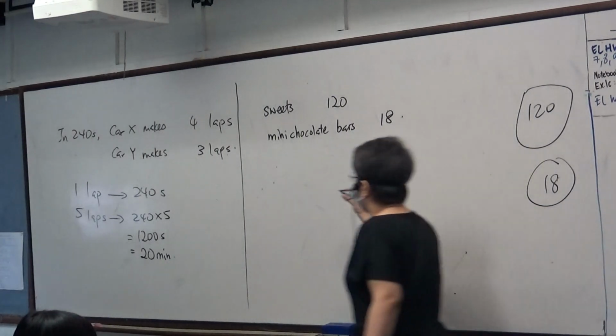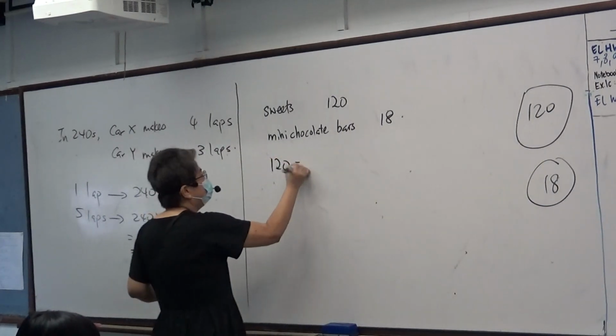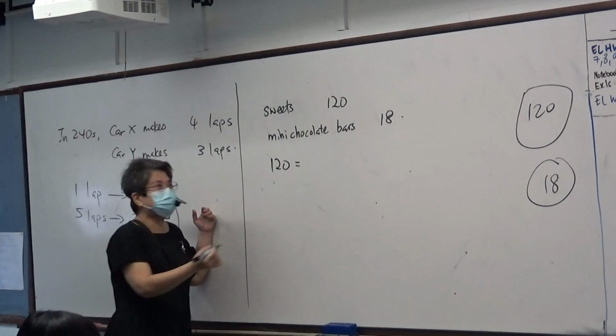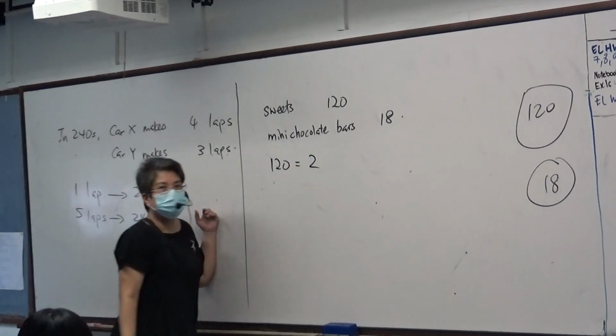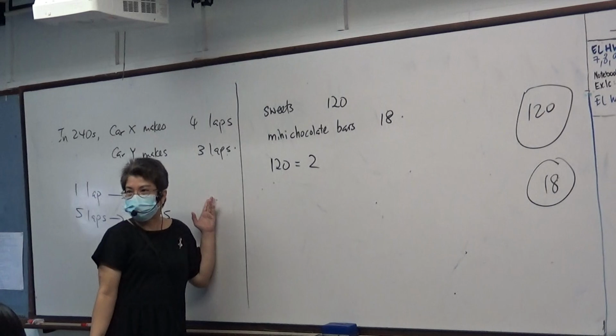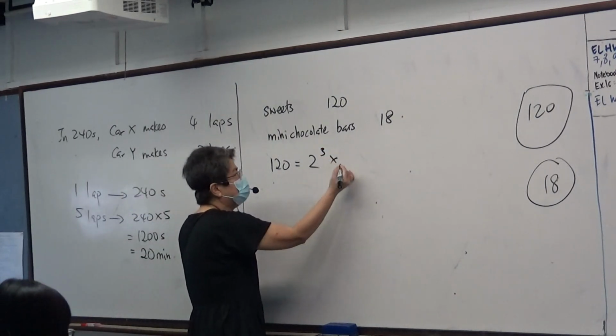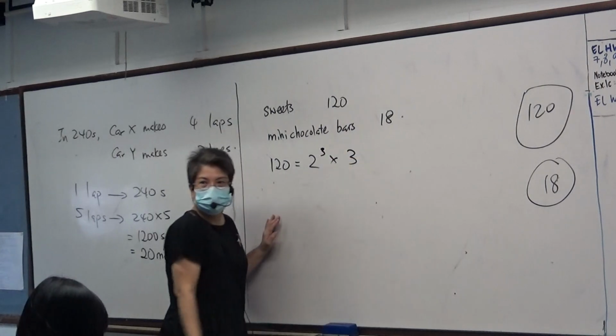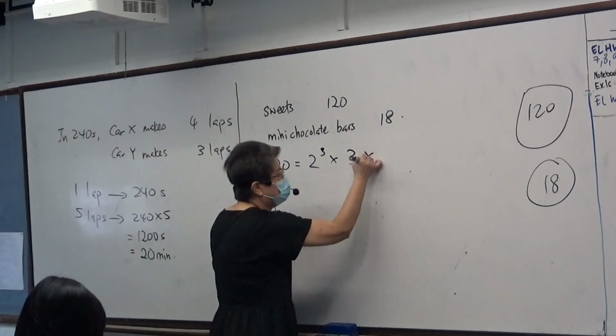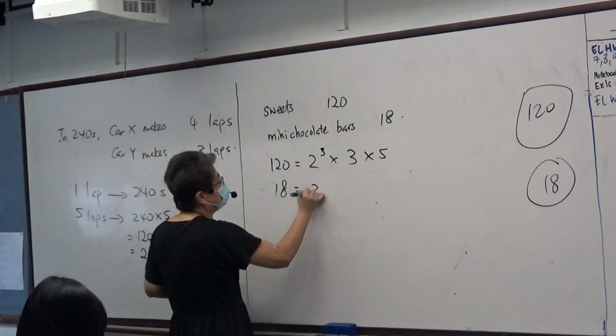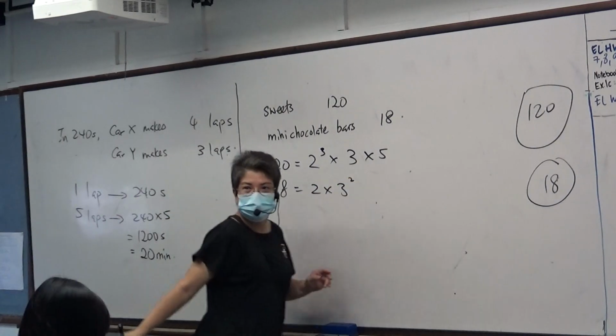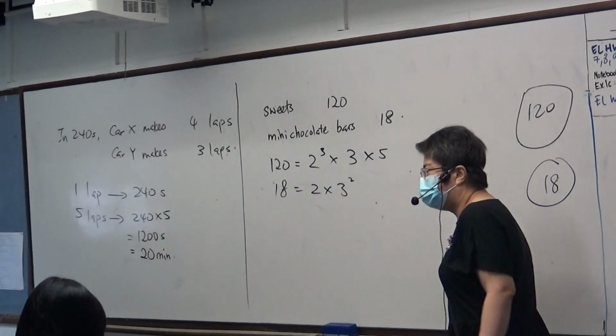Agree class? Okay now. 120, what is your prime factorization? 2 power 3 times 5. Good. 18 is just 2 times 3 squared, right?